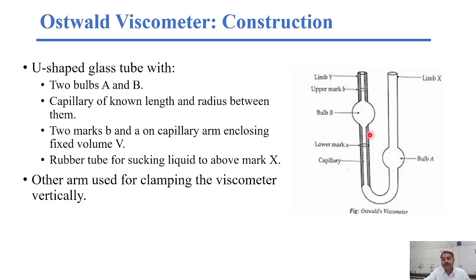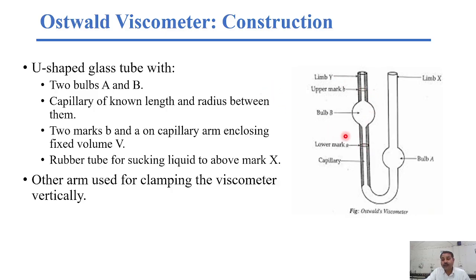We have to determine the time of flow of a liquid, how much time it takes to pass from the upper marking to the lower marking. The time of flow of a known liquid as well as an unknown liquid can be determined.